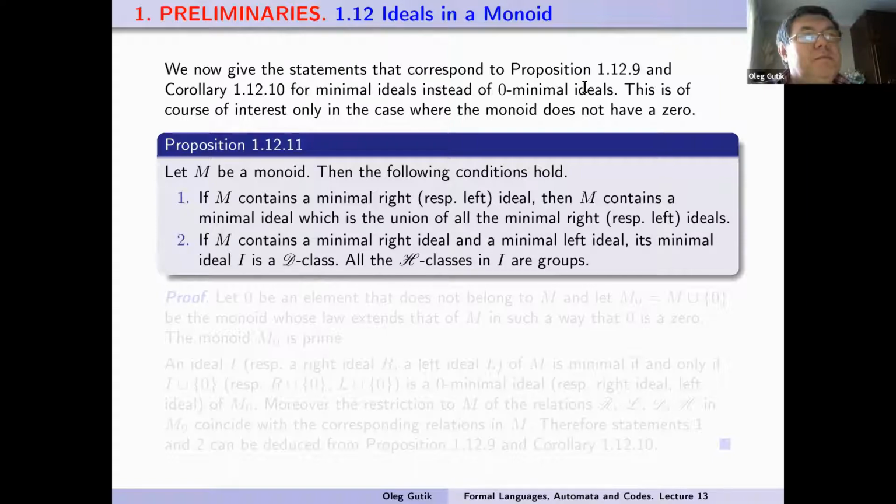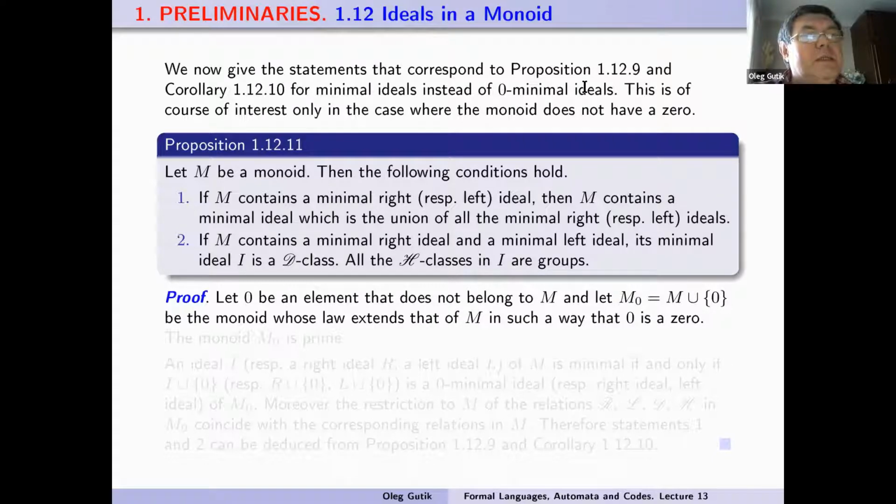If the monoid M contains a minimal right ideal and a minimal left ideal, its minimal ideal I is a D class. All the H classes in the ideal I are groups.